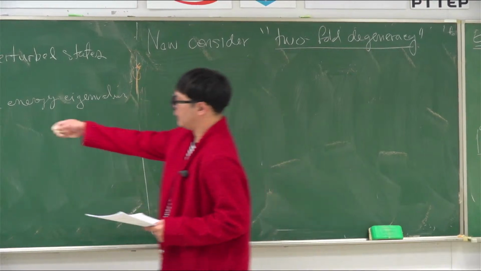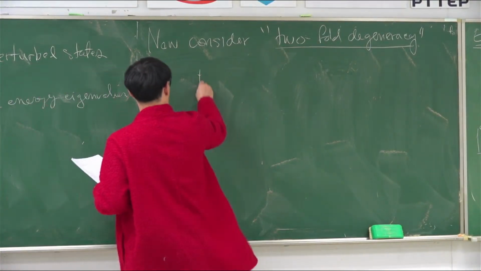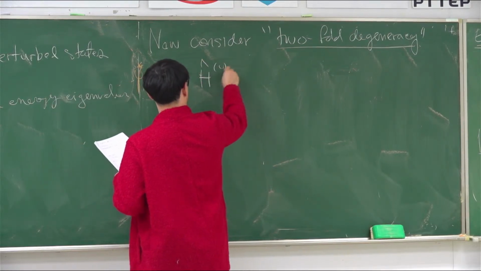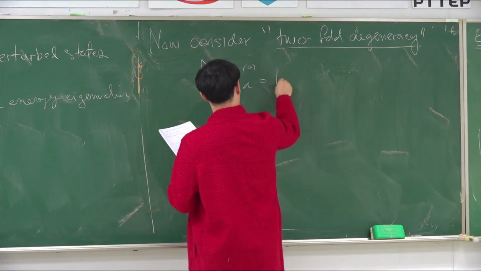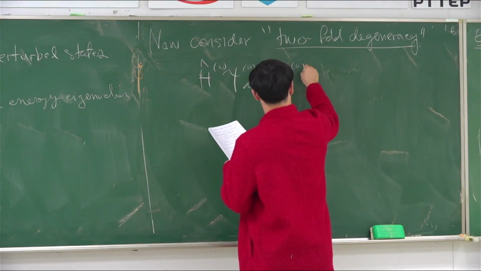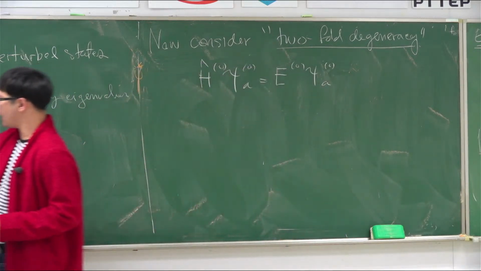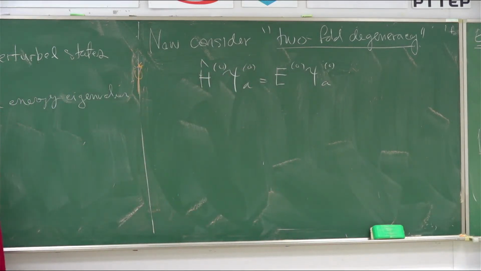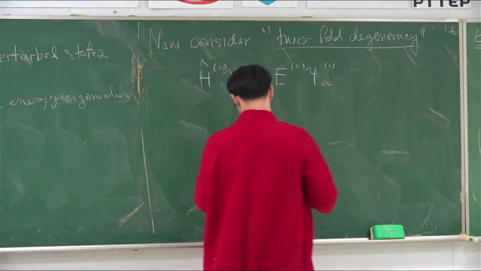I mean this two-fold degeneracy here. It means that you can have more than two, right? Actually, you can have more than two, but in a simple situation, you have this.